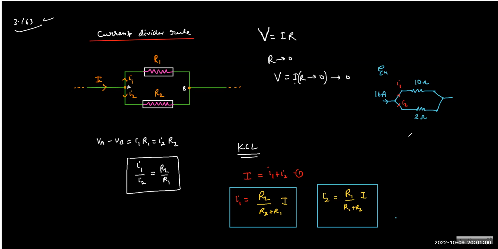Tell me, guys, what is I1? I told you I2 is 40 by 3. So what is I1? 8 by 3. So it's 2 by 12 into 16. Correct?